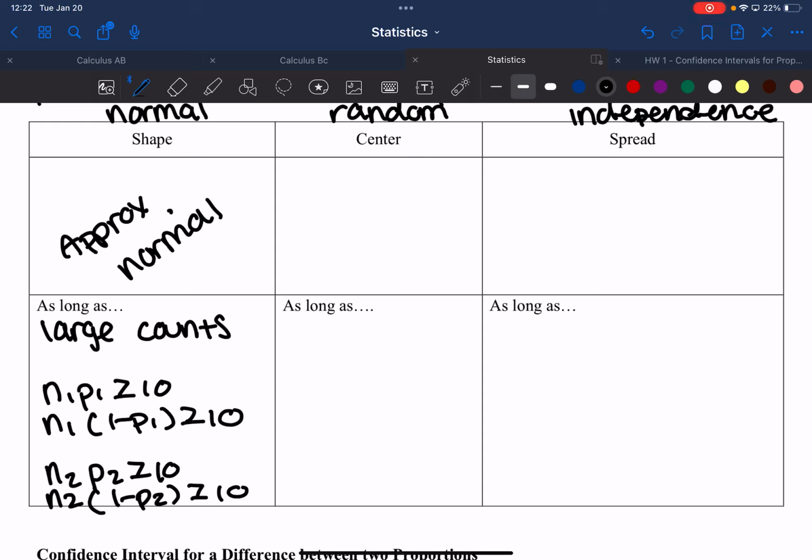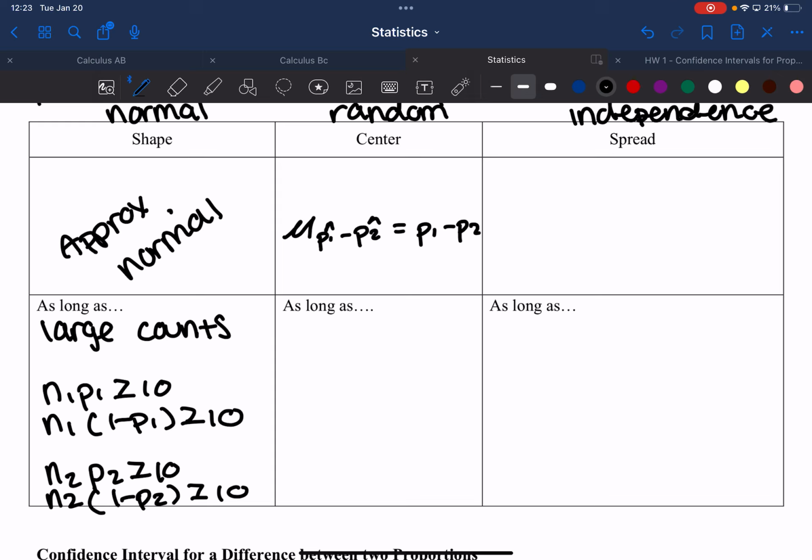Okay. For center, or our random, remember this tells us what mu is. So mu of P1 hat minus P2 hat is the same as just saying P1 minus P2. Okay. We prove that something is random, okay, if what? Not the 10% condition.